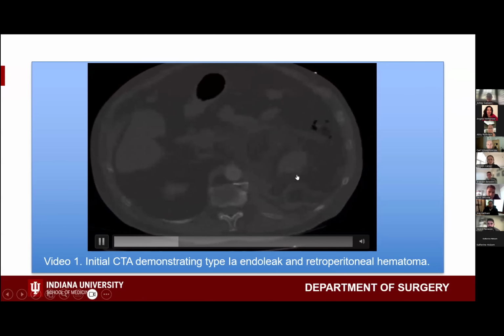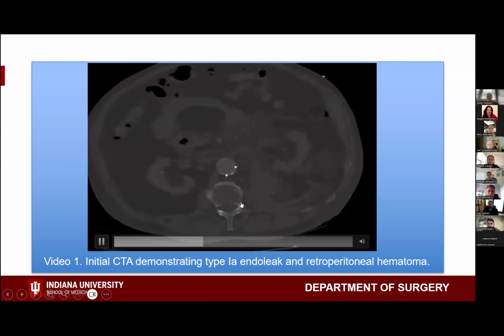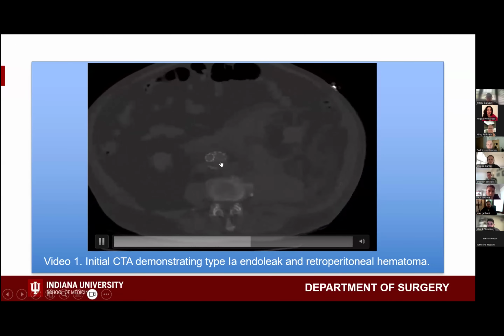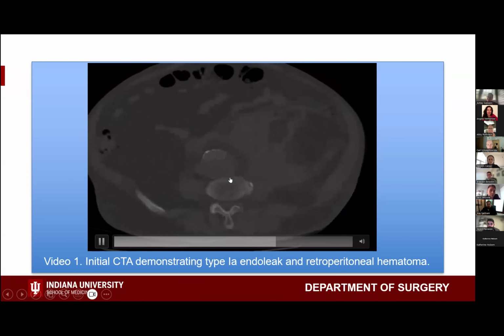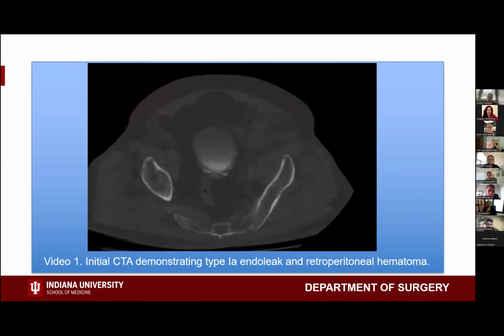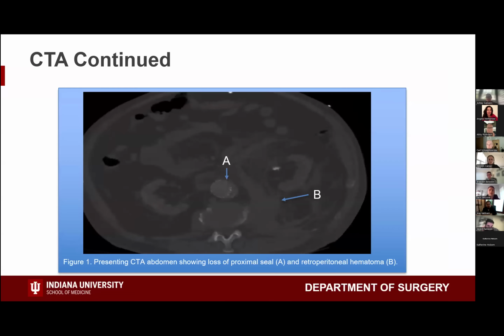And here, as we descend into the abdomen, we can see retroperitoneal hematoma, his old EVAR, and then his aneurysm. The next slide will help discuss this imaging further. So here I took a screenshot of an important part of that last CT scan. I've labeled A here. You can see now we're in the abdomen.